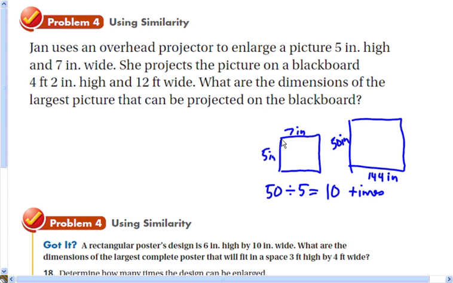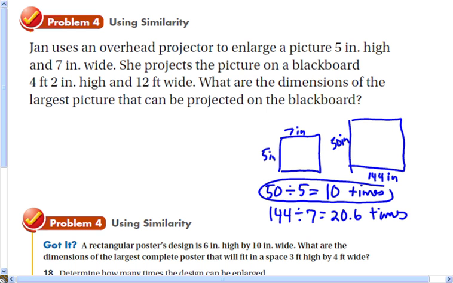And I can enlarge the width 144 divided by 7, which is about 20.6 times. So the most I can enlarge this picture is 10 times, because any more than that, and my height would go beyond the size of the blackboard.